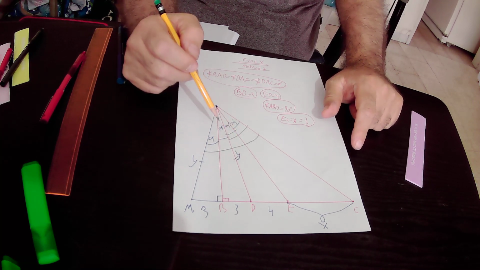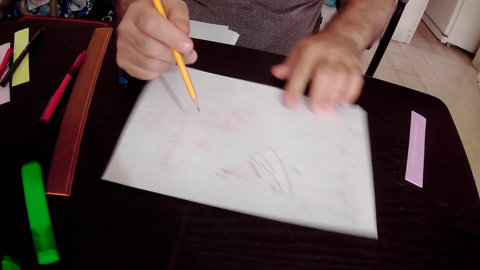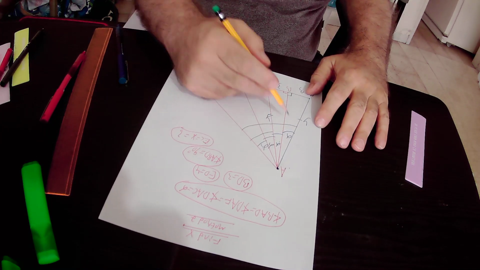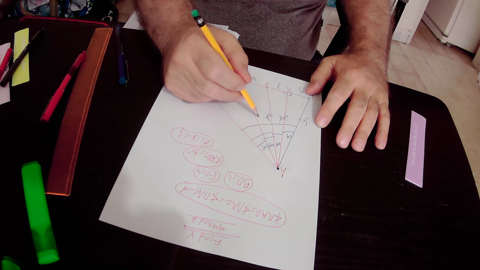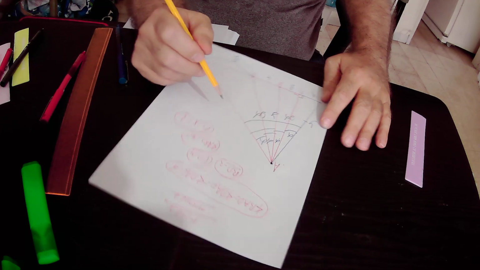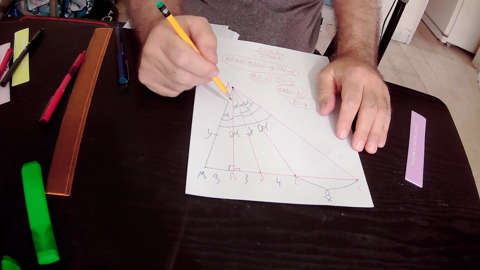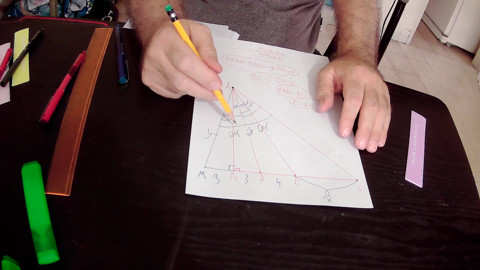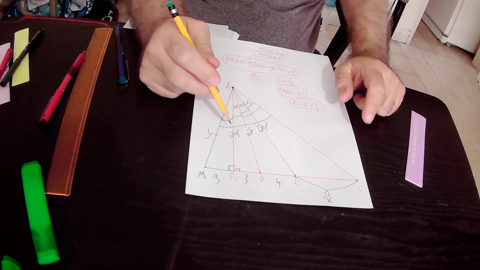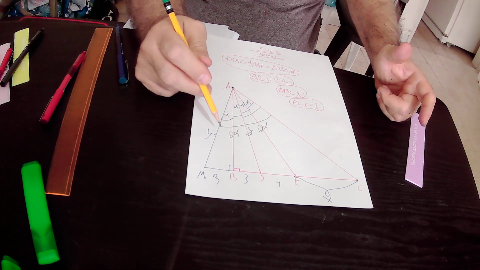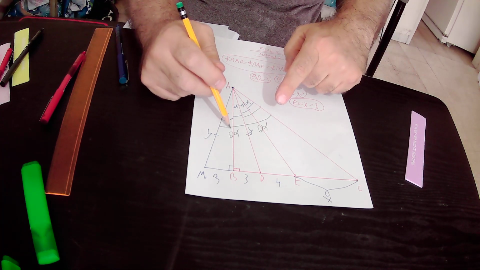Angle bisector AD divides angle MAC into two equal parts. The first part is alpha plus alpha, that is to say 2 alpha, and the second part is also alpha plus alpha, that is to say 2 alpha.